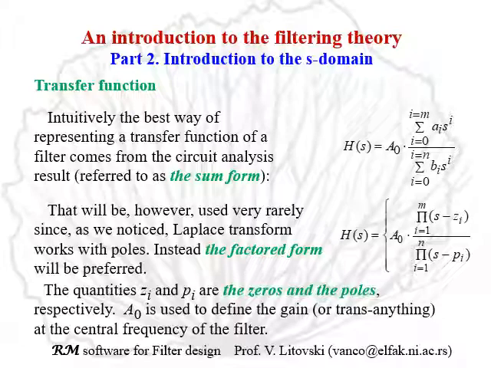So the transfer function is represented as a ratio of polynomials expressed as a sum of coefficients multiplied by s to the power i. That will be, however, used very rarely, since, as we noticed, the Laplace transform works with poles, which of course is not the only reason for that.